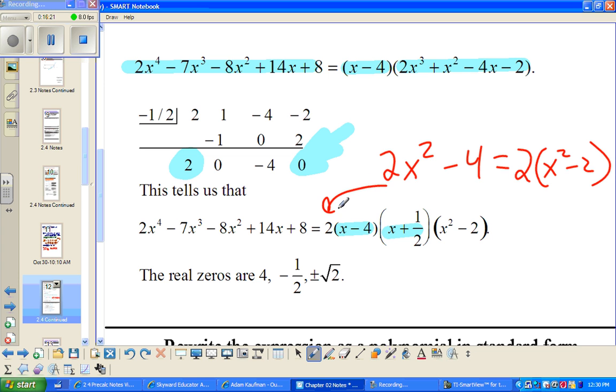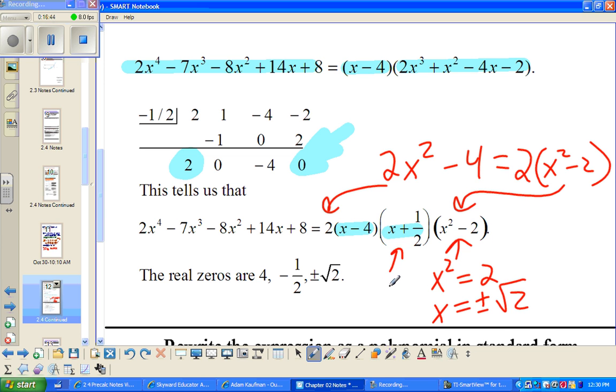That's where this 2 came in, and the x squared minus 2. Finally, you can solve this for the other zeros, because x squared would equal 2, so x would equal plus or minus root 2. Here we know x equals negative 1/2 works, and from here, we know x equals 4 works. And that's where these answers come from.